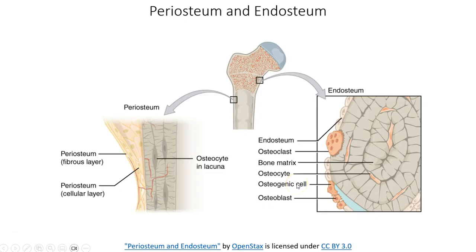These are stem cells for bone tissue, and then we have our actual bony matrix in there. That's just a little bit closer look at those different structures, and that endosteum is supplying a lot of these cell types for this internal bony tissue, that bony matrix.